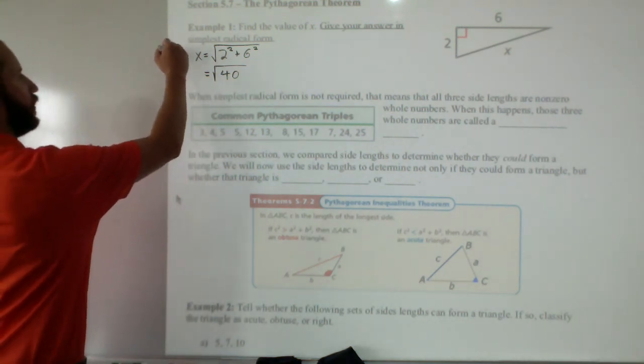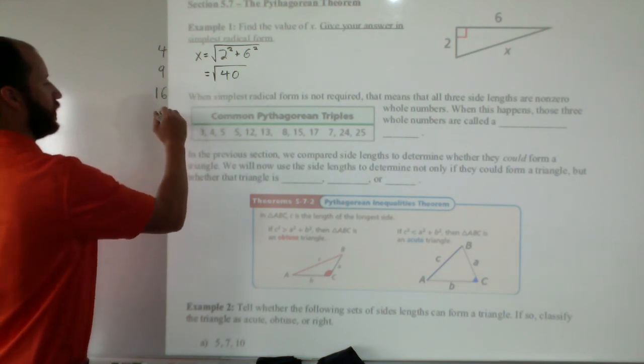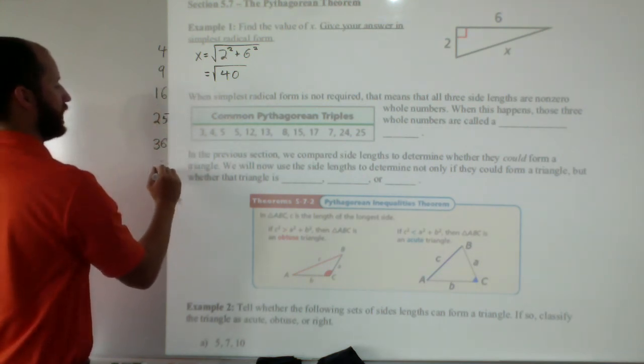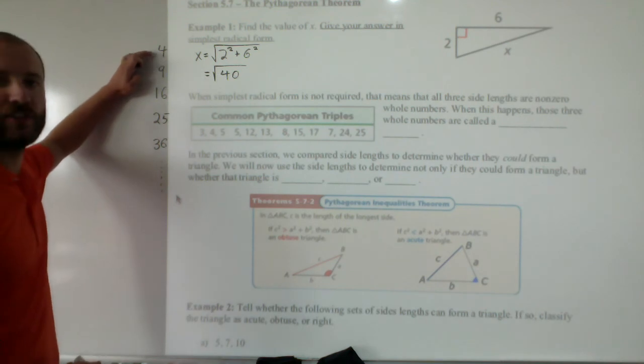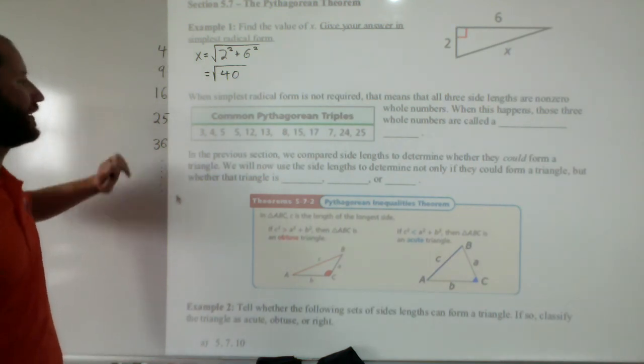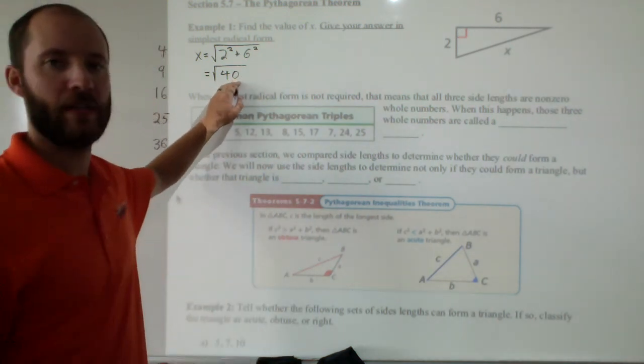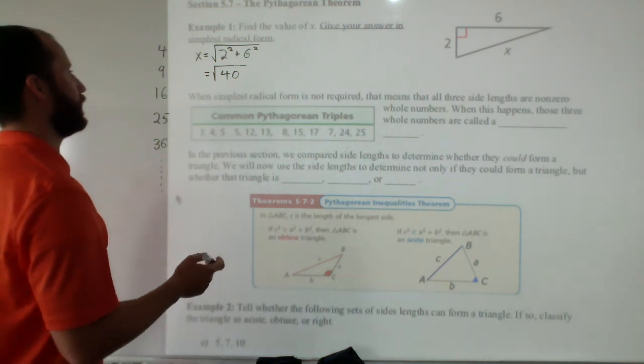So we're looking at 4, 9, 16, 25, 36, and so on, because this is 2 squared, 3 squared, 4 squared, 5 squared, 6 squared.